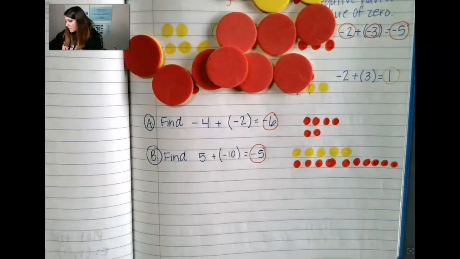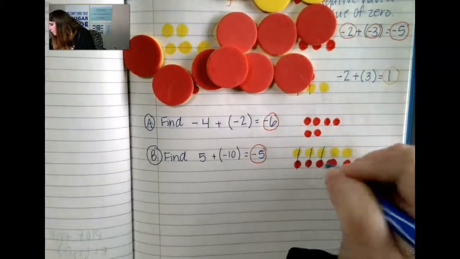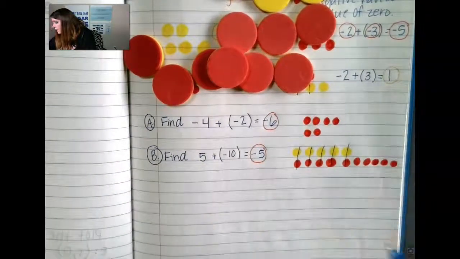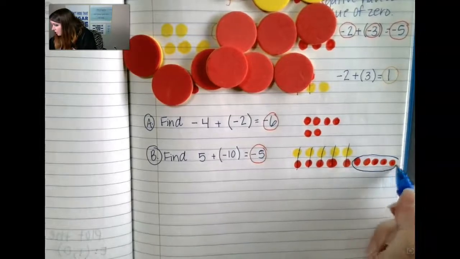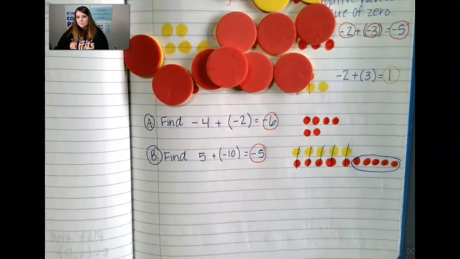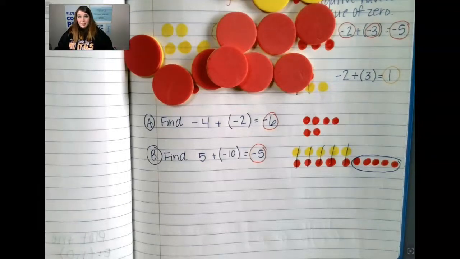All right, we can cross out our 0 pairs: 1, 2, 3, 4, 5 zero pairs, and we are left over with 5 reds. All right, how did you do on either of those?